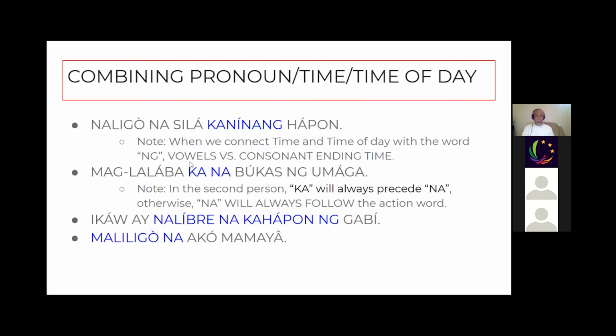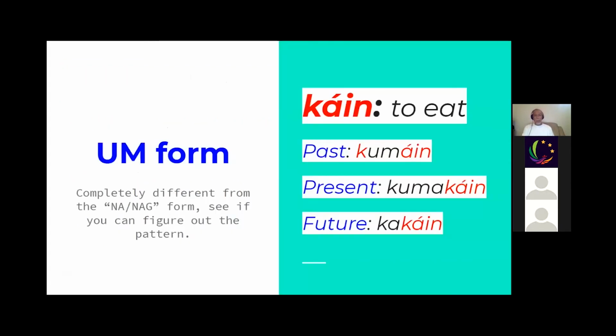Now we're going to go into new territory, which is the verb. I want you to look at the difference now from the "na," "nag." And I want you to just look at the word "to eat." Sophie, you want to read the root of "to eat"? Kain. Kain, yes, kain, right?